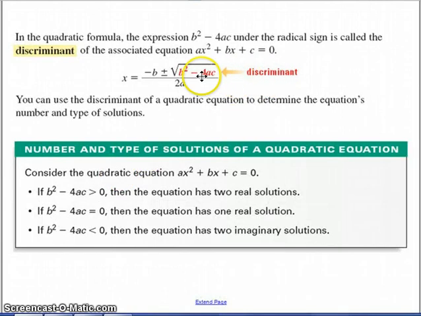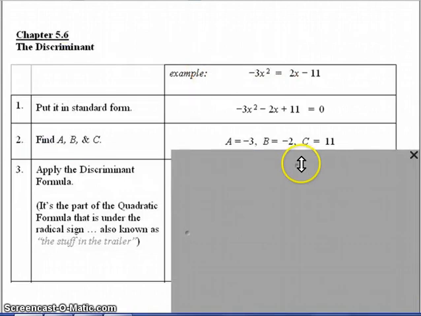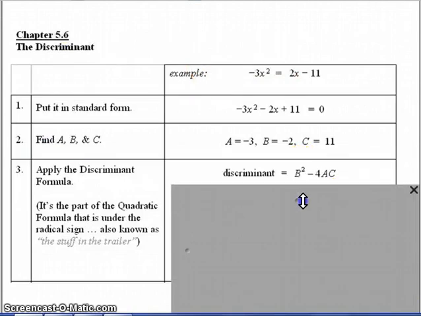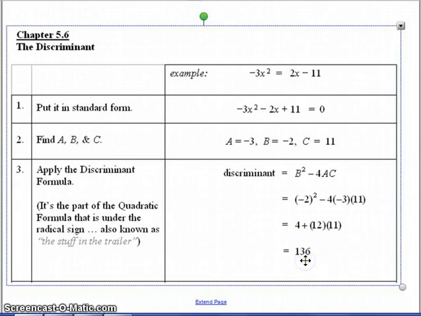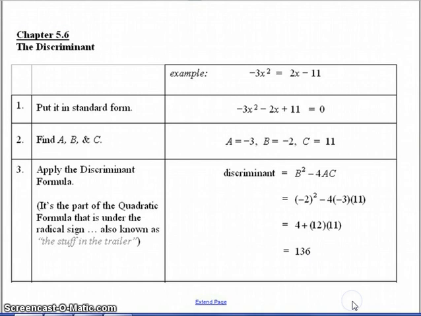The discriminant is the portion of the total quadratic formula that's under the radical sign, b squared minus 4ac. So that's what I'm looking for here, b squared minus 4ac. And I plug these values into this formula, and I come out with the conclusion 136. So the discriminant is 136.